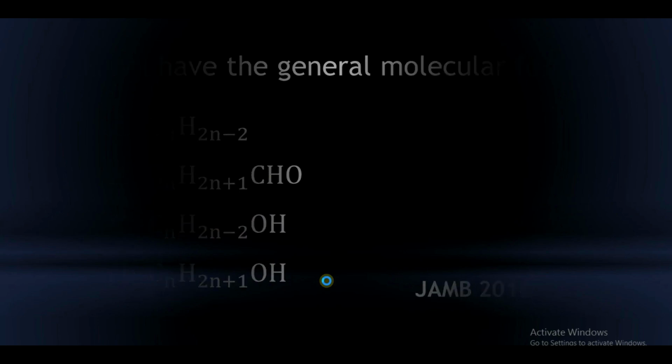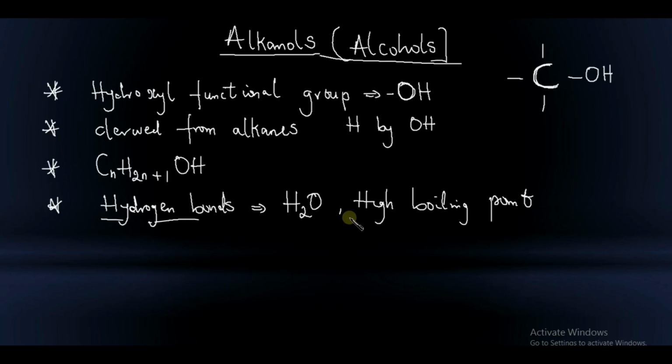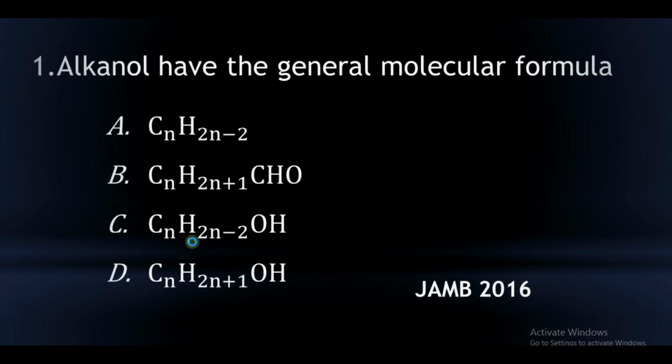From what we've discussed before, the general molecular formula of the alkanol is CnH2n plus 1 OH. So the correct answer to this question is option D, CnH2n plus 1 OH. Very important.